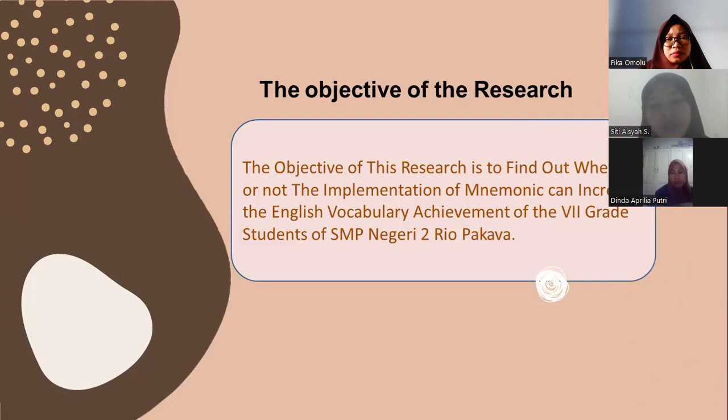The objective of this research is to find out whether or not the implementation of mnemonic can increase the English vocabulary achievement of the 7th grade students of SMP Negeri 2 Rio Pakava.